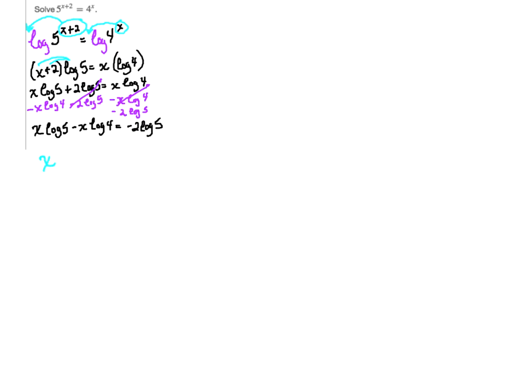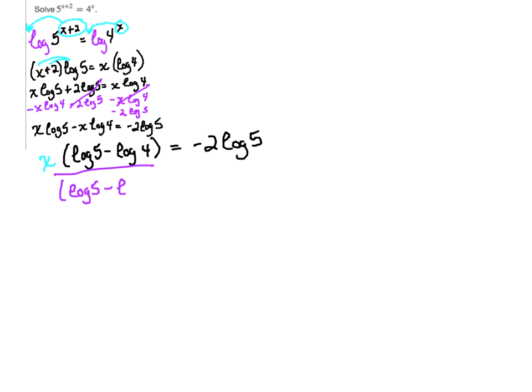So I pull that x out front as a GCF, and then I'm left with log 5 minus log 4, and that equals negative 2 log 5. And now I divide both sides by log 5 minus log 4 to isolate the variable.